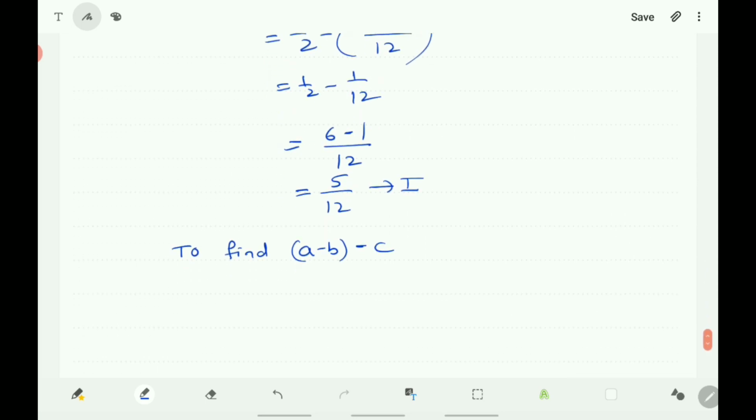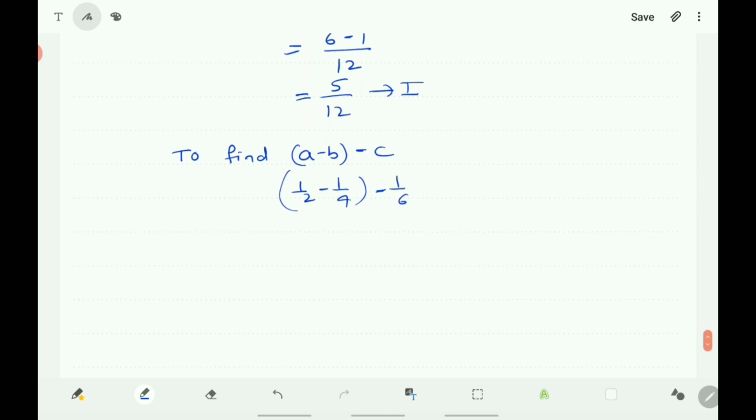So A is 1 by 2 minus 1 by 4 minus 1 by 6. Now first you simplify the bracket, that is the LCM of 2 and 4 is 4, that you know, because 4 is in the table of 2, therefore the LCM of 2 and 4 is 4. 2 2s are 4, 1 2s are 2, minus 4 1s are 4, 1 1s are 1, minus 1 by 6.